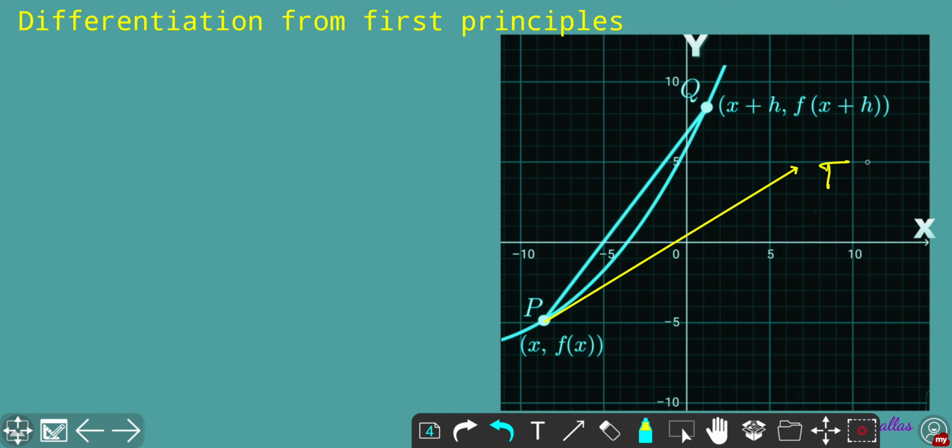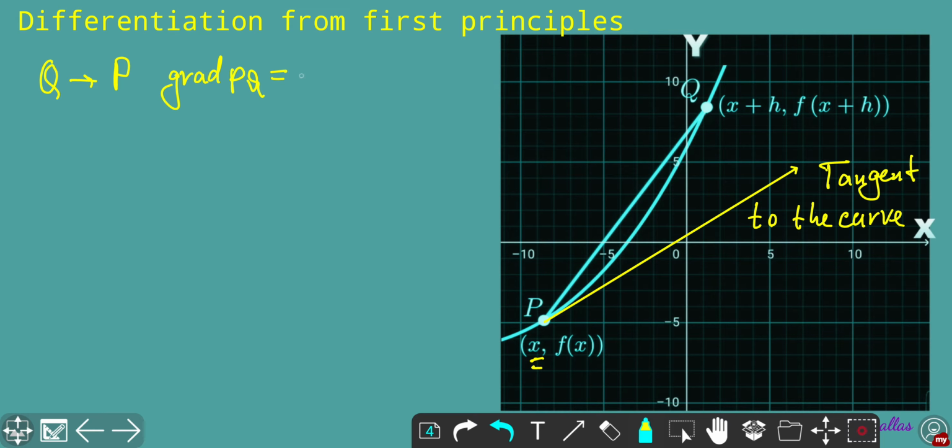So I mark it as the tangent. So this is the tangent at a given point x. So we have a tangent to the curve, right? Tangent to the curve. Okay? So that's why if we start moving point Q to the point P, the gradient of PQ becomes equal to the gradient of the tangent, okay?